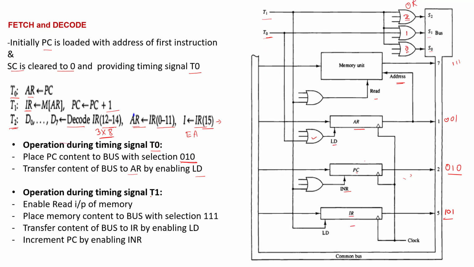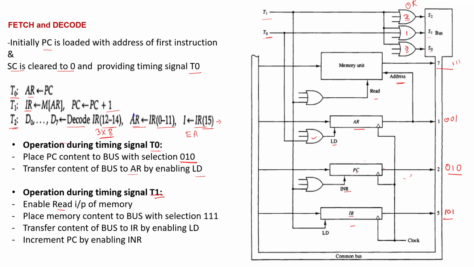Again, during timing cycle T1, what is happening here? It enables the input of the memory. Once the memory is enabled, the memory is ready, and we can perform the read operation, meaning we retrieve the information at the address given to the address register. The contents of the memory are given to the bus when the selection line is 111.